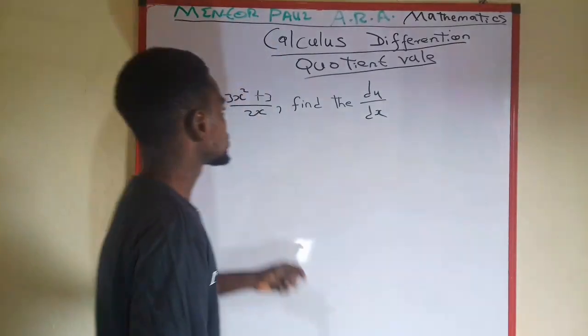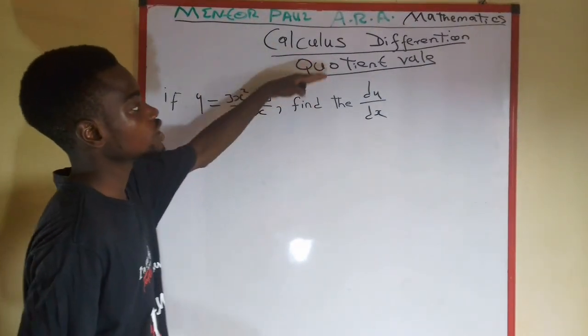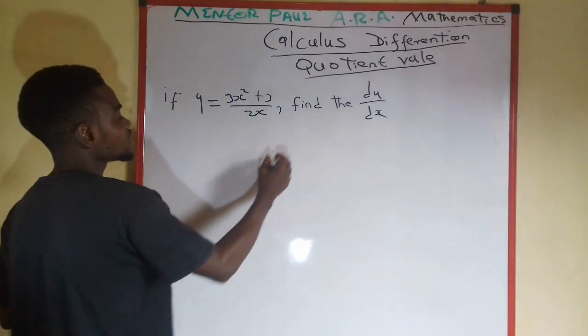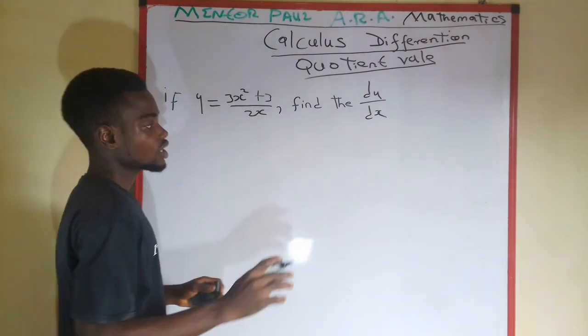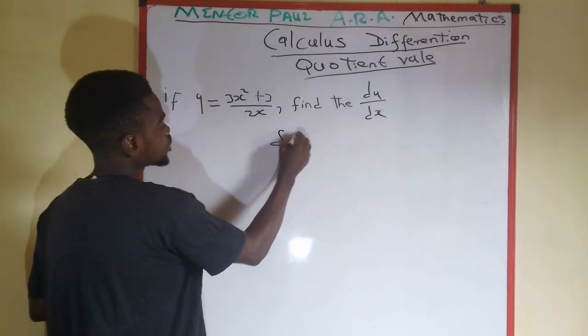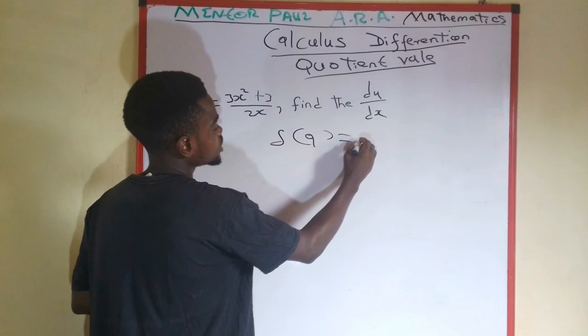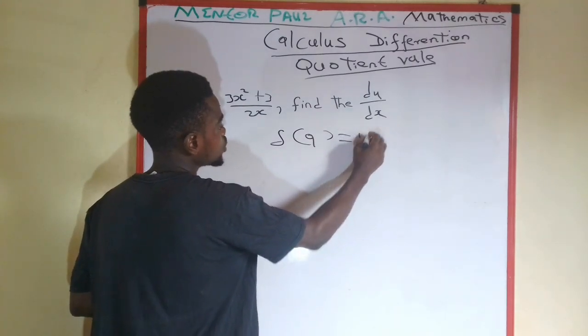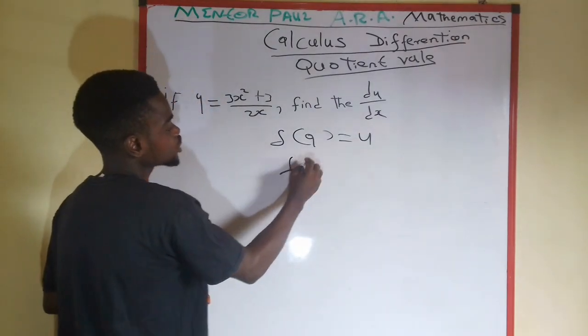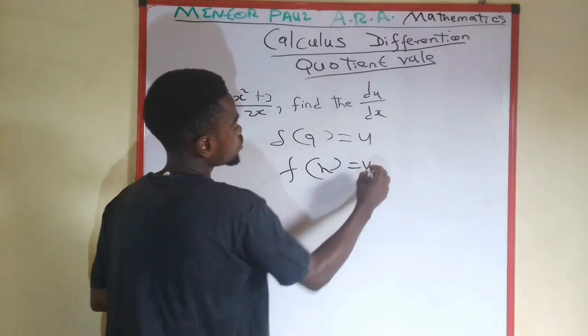That is calculus. So to solve using the quotient rule, if you have a fraction, for example, let me say the function g is equal to u, and the function h is equal to v.